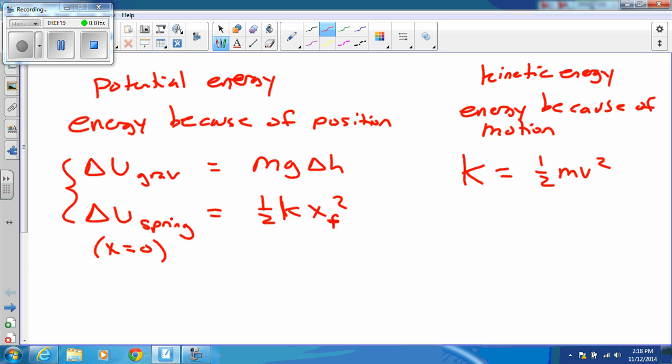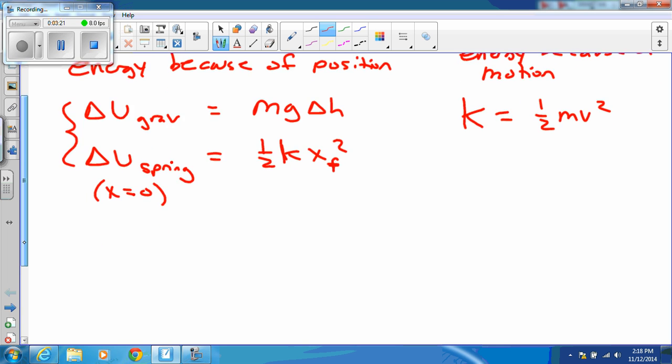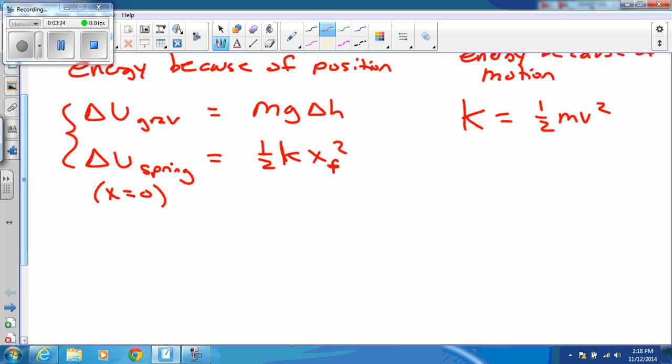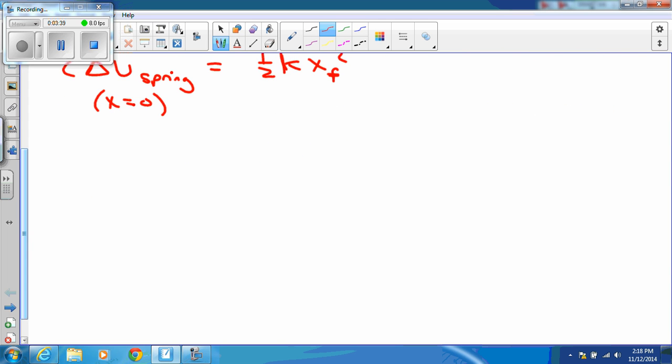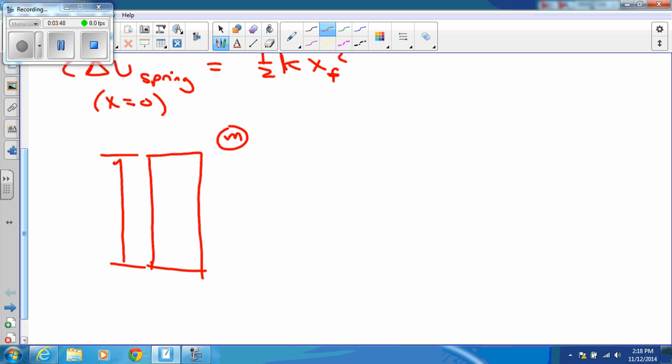Okay, so we have this. This will compute changes in potential energy. Now we'd like to consider, can we get an actual value for an object's potential energy? The answer is yes, but only relative to a 0 point. So let's take a look at an object of mass m that is at a height h above ground.